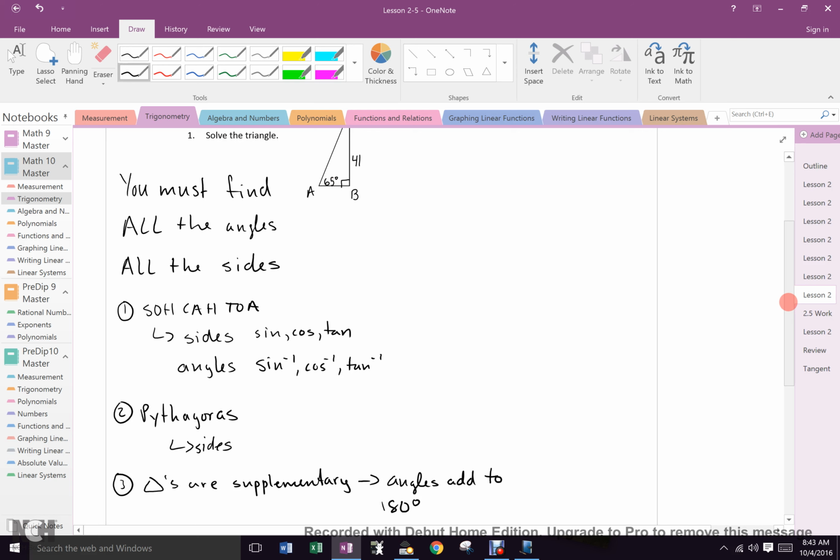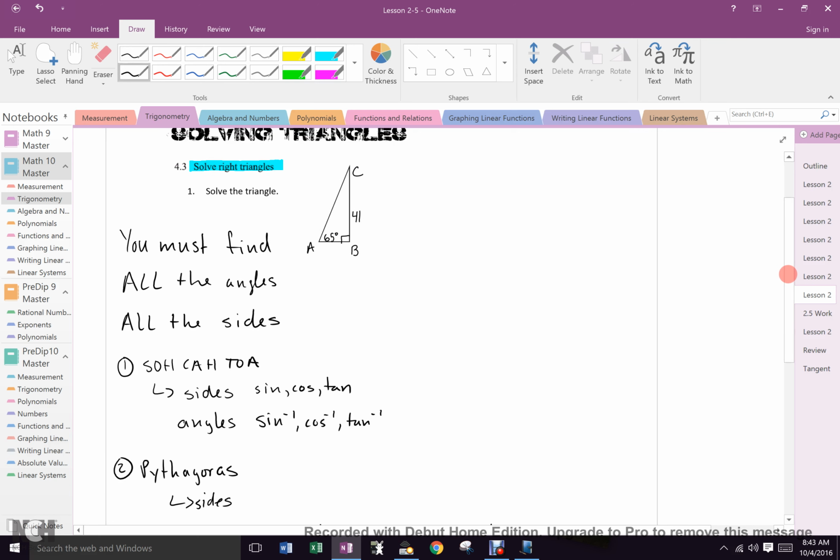So I would look at this and try to say to myself, what is it that I need in order to solve this? What must I find? And what I like to do is put all my variables, the things I need to find, on the drawing. So I need this side, and I know this side is little c because it's across from big C, yes?